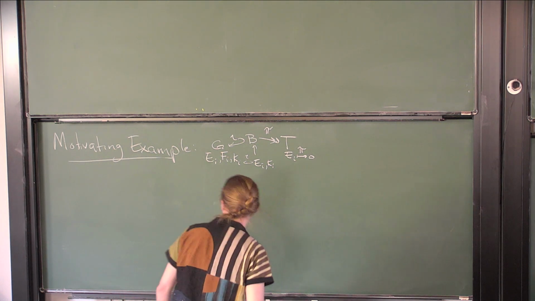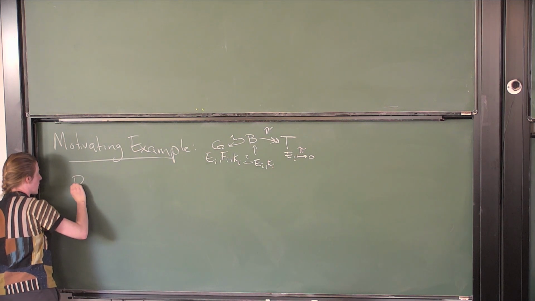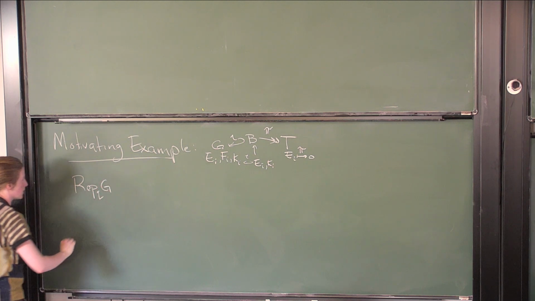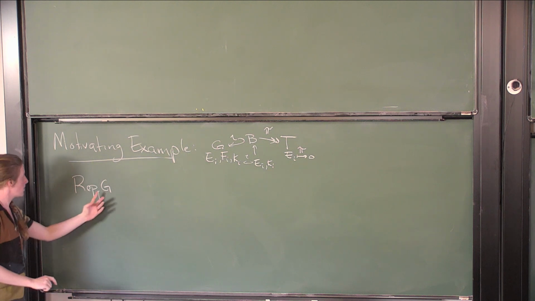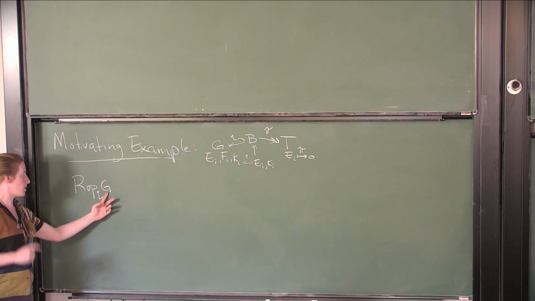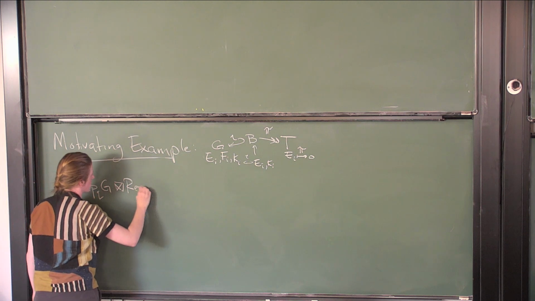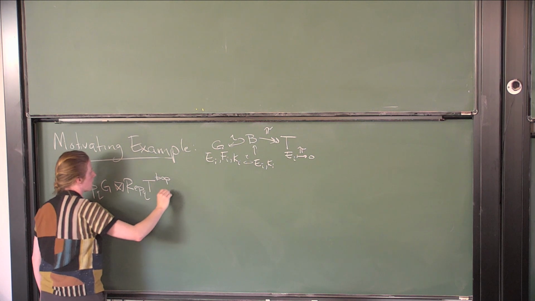And what is the defect going to be? So we'll take a category Rep_q G. So this is going to be, it came up in the first lecture, a braided deformation, the category of representations of G. I'll take my box tensor, Rep_q T op. So this is braided opposite.